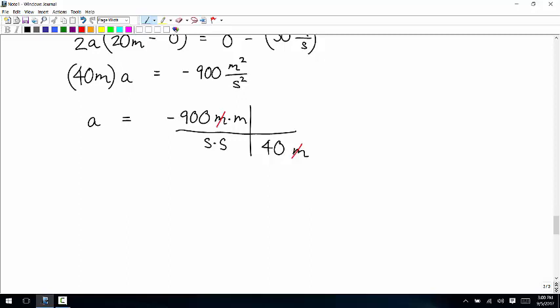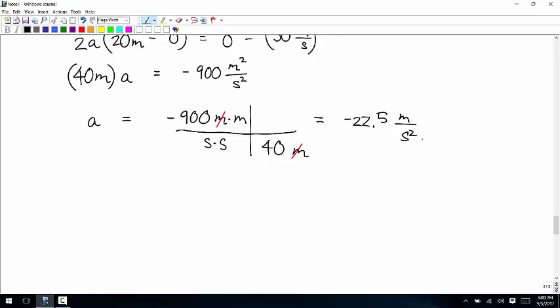Two of these meters cancel. And 90 over 4 is 22.5. So negative 22.5 meters per second squared. Any questions about that?